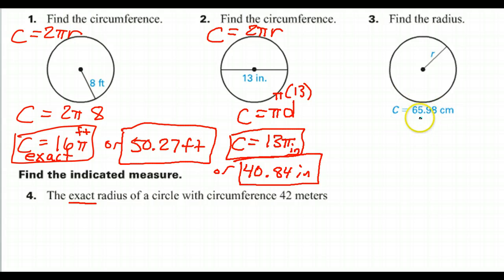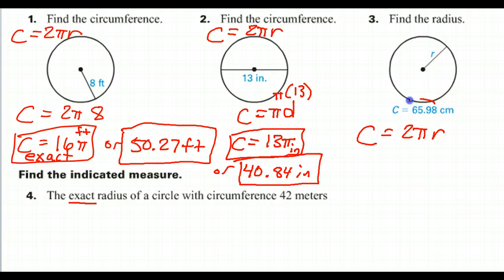This time we're given decimals right from the beginning, so we will definitely use decimals. So find the radius. All right, so we kind of have to work backwards. You see that radius shows up in this formula. So circumference is 2 pi r. We're looking for r. We are given the circumference.